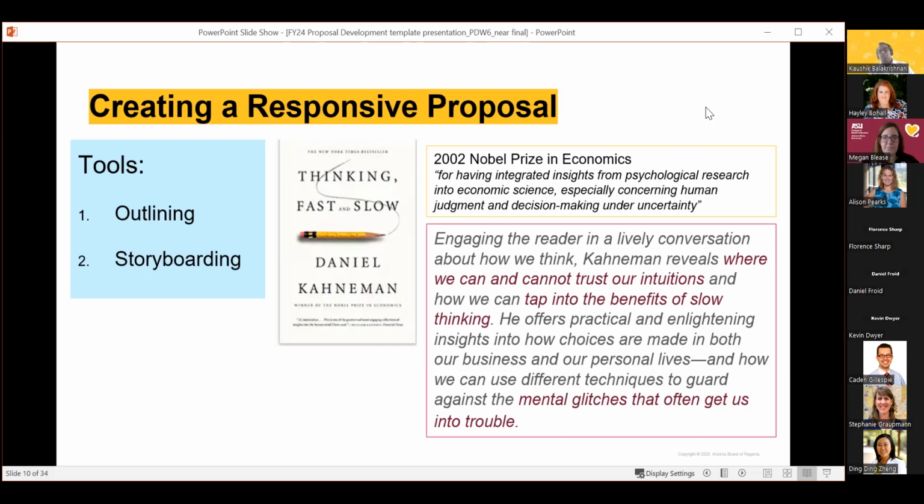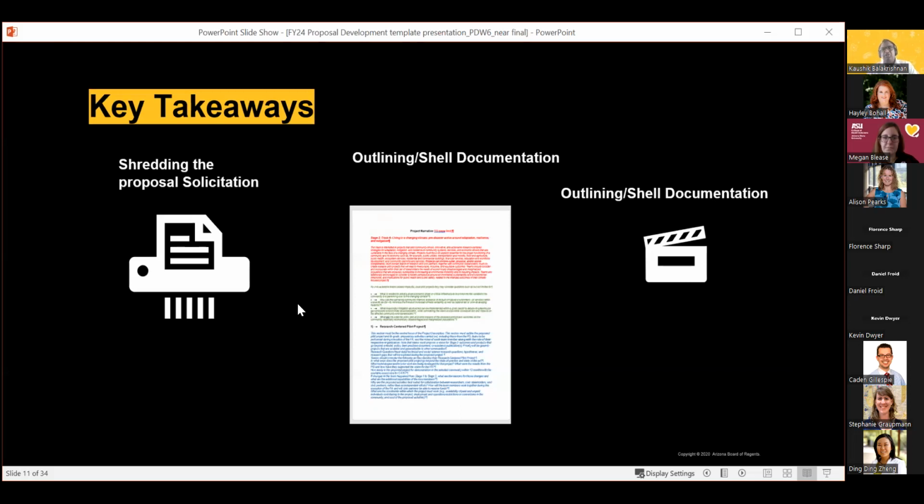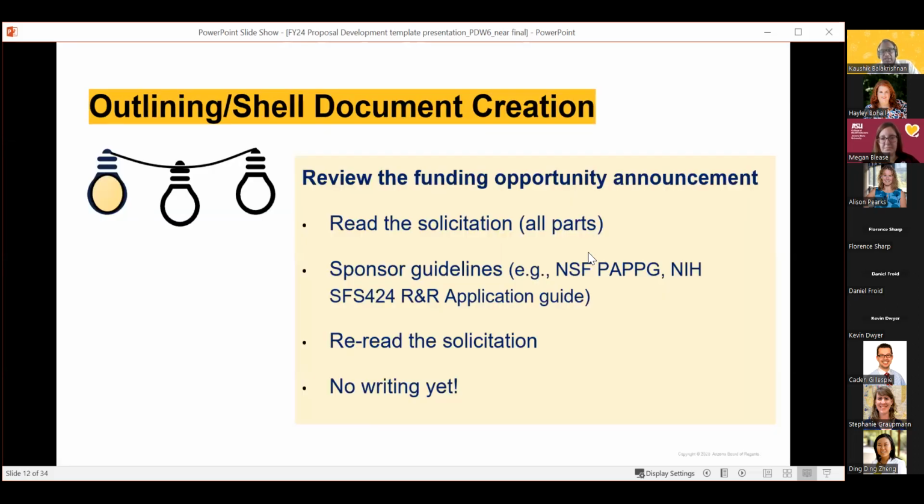So this is asking you to think slowly, think deeper and longer about things. Here are the 3 key things we will do. We will first do an activity on shredding the proposal. The second thing would be outlining. And finally, we'll do storyboarding at the end.